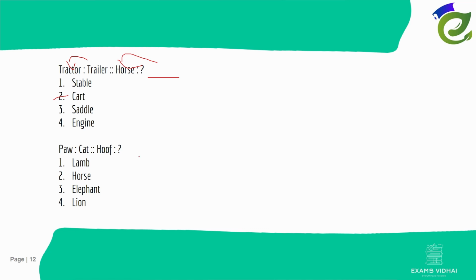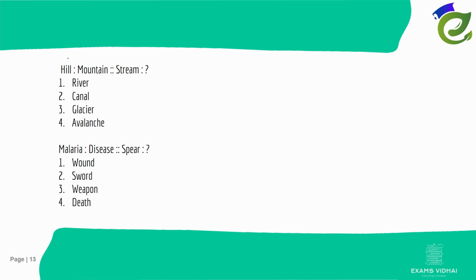Paw, cat, hoof, feet. Here we call the foot of the cat a paw. So what animal's foot do we call a hoof? Horse, we call that a hoof. Next, hills, mountains. You can understand that hills and mountains are synonyms.